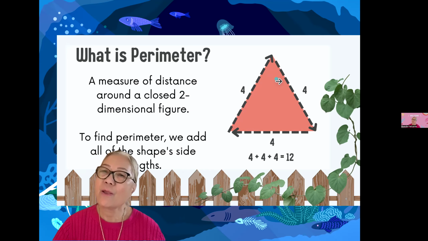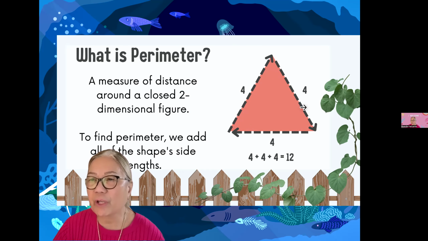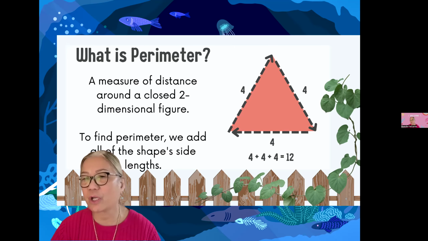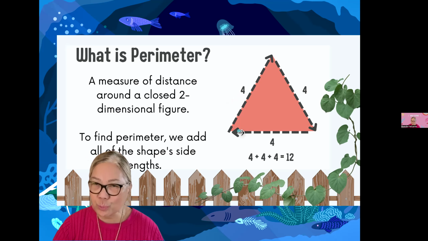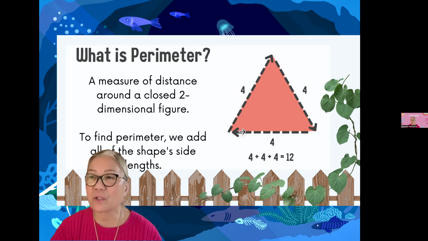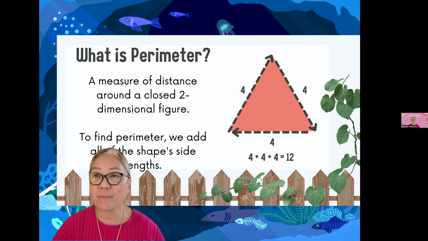Now, in this case, we have a triangle. This is an equilateral triangle, and our lessons about triangles will probably be in the next 2 weeks. The measurement of one side is 4, because it's an equilateral triangle, so all three sides have the same length.